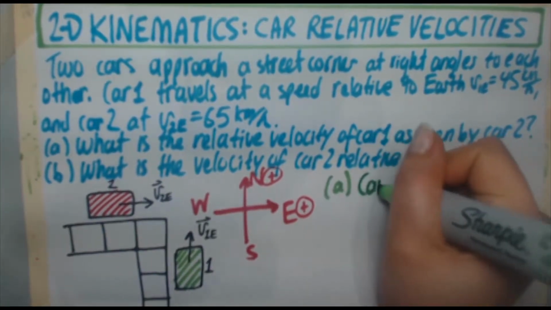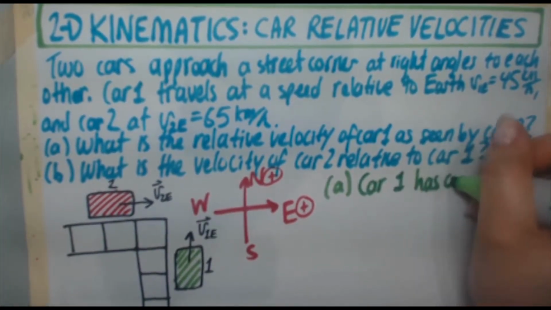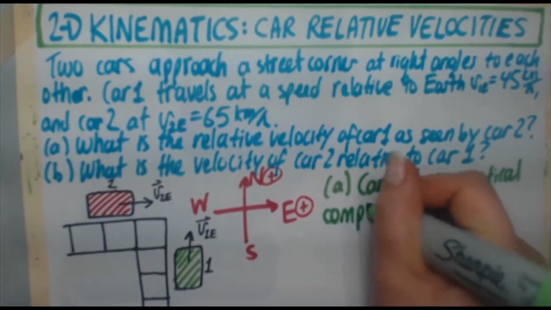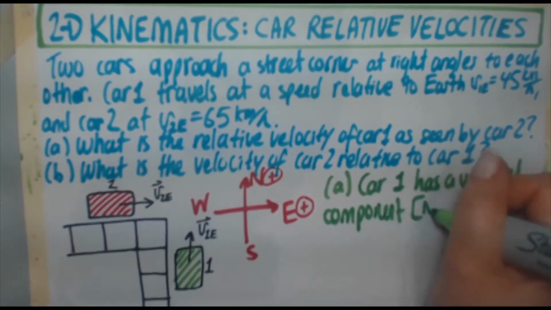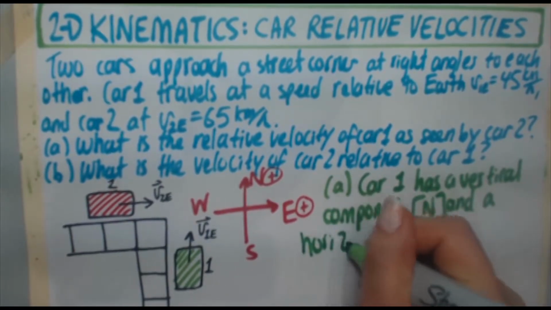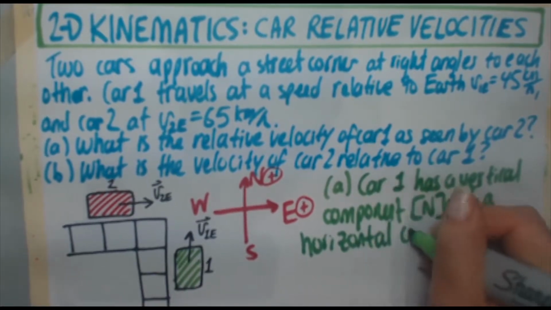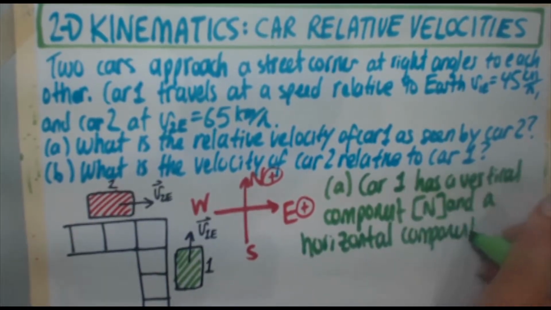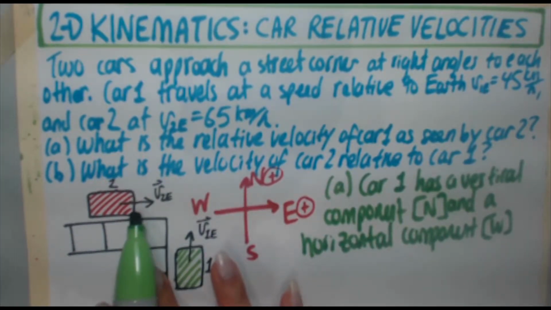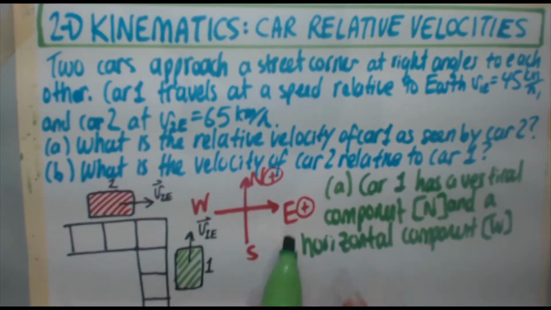So car 1 has a vertical component, and that's north, and a horizontal component, west. Again, it can't be east, because if it's east and this person's assumed not to be moving, that means car 1's getting further away, but in fact we know they're getting closer to each other.